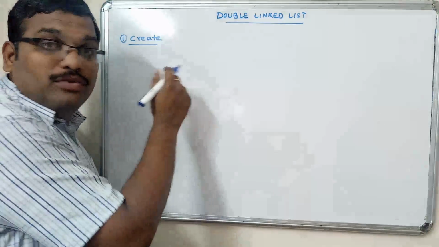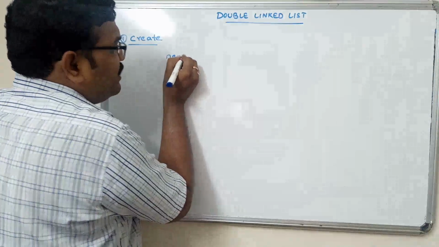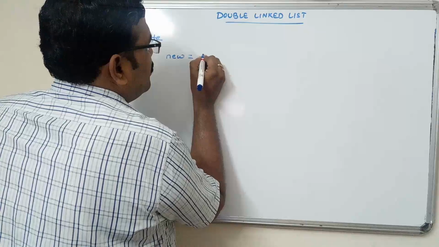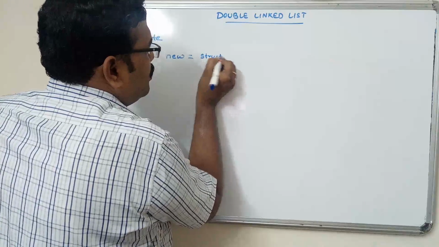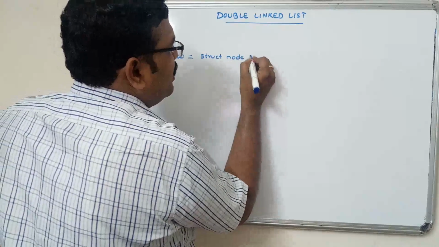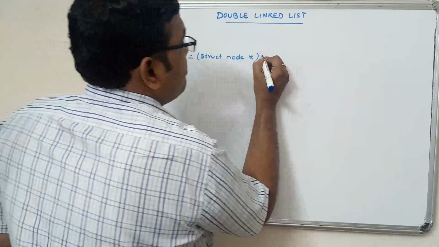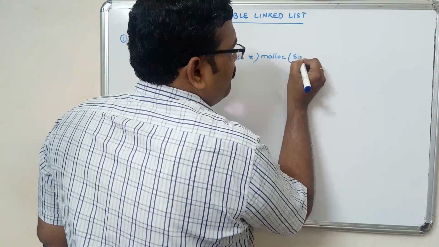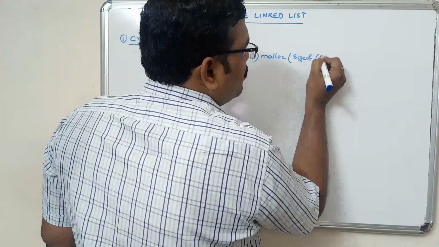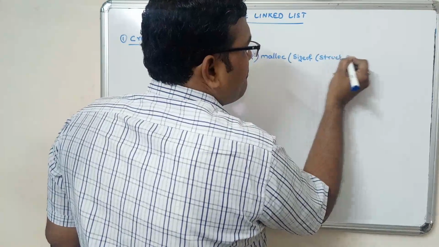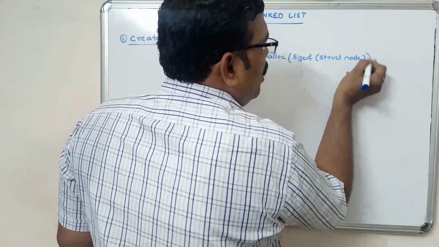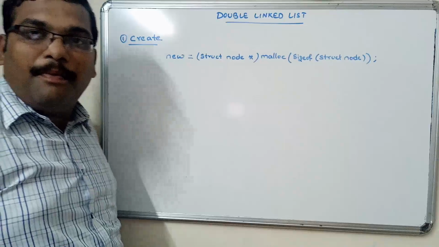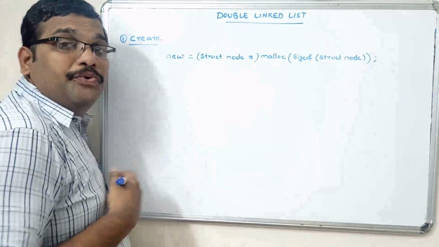So we can use the first statement: new is equal to struct node star malloc size of struct node. Automatically the address will be assigned for this new.